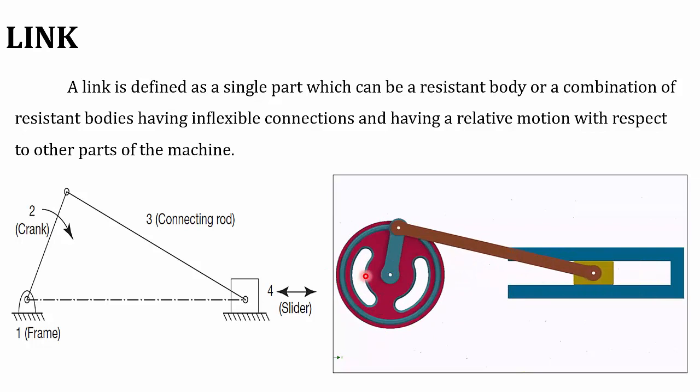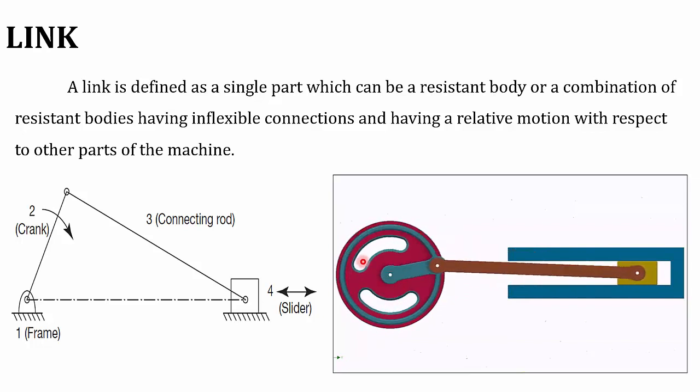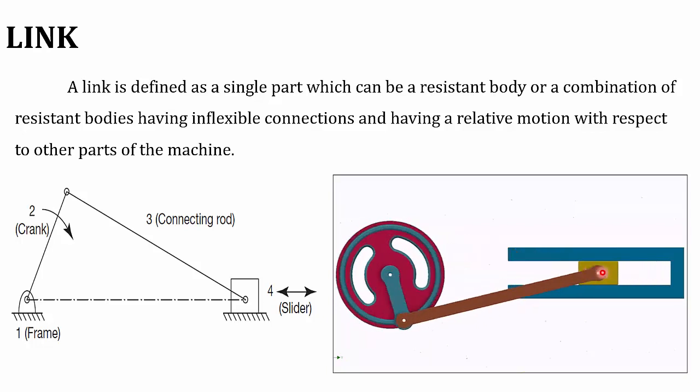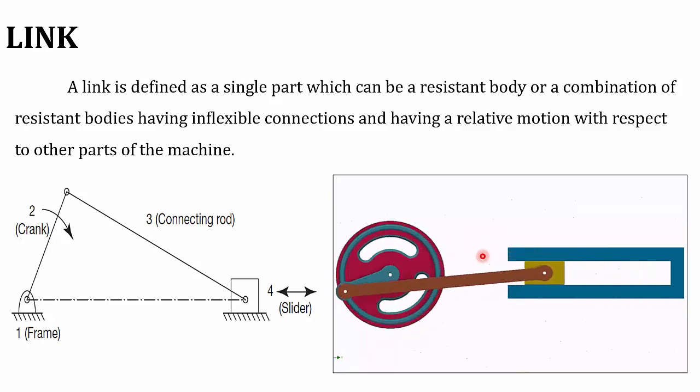So the crank is a link, the connecting rod is another link, and the slider is the last link. The crank is connected with the connecting rod, thus it transmits the motion, and from the connecting rod the motion is transmitted to the slider. This is called a link. So the link is a resistant body used to transmit motion with respect to other parts.